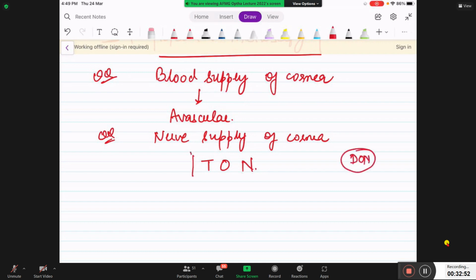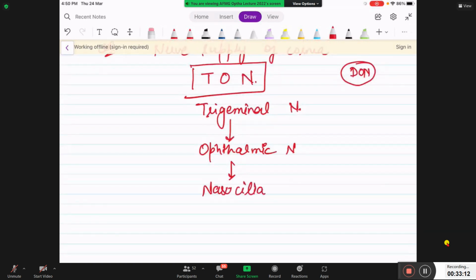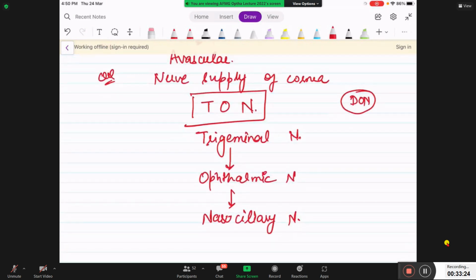T stands for trigeminal nerve, which gives off a branch to the ophthalmic nerve, which further gives off a branch to the nasociliary nerve. Clear?